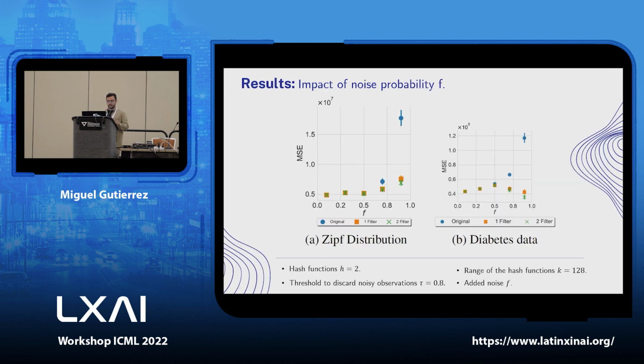We also see the impact of the noise probability. The higher the f, which tells about the noise we are adding, the better this pre-filter works. It works very well on the Zipf distribution and also on the diabetes data. We can see that the more noise I add, the better the filter works.